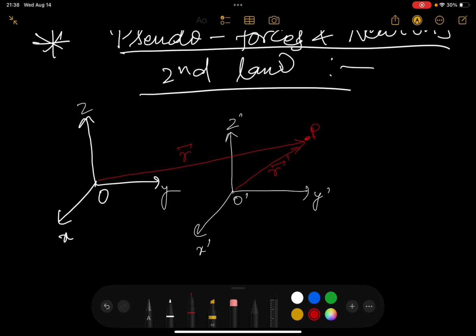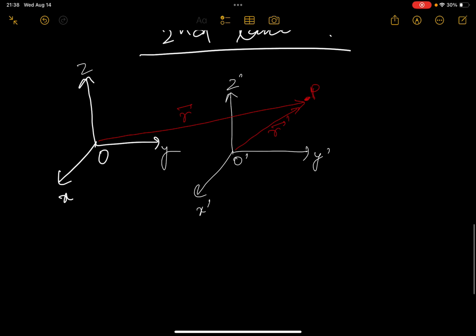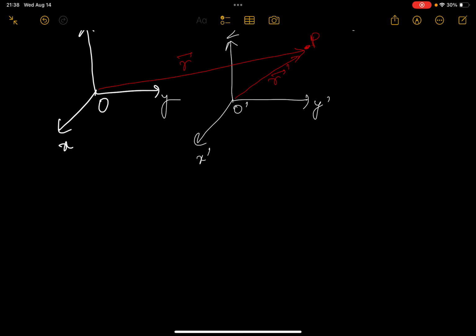So now since we know that fundamentally Newton's second law can be applied only from inertial frames of reference, the question is: what do we know about the second law?